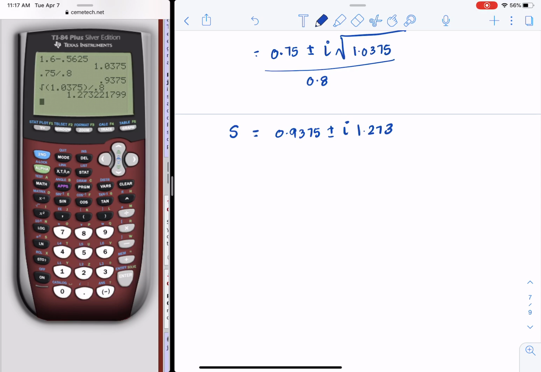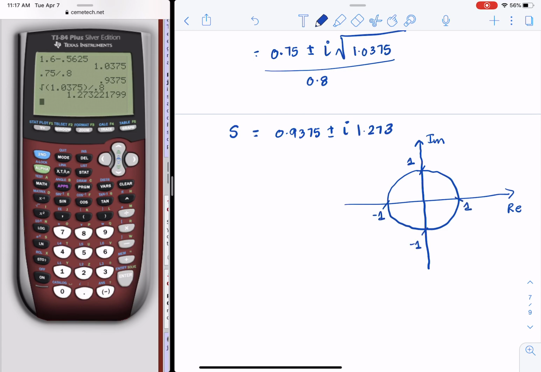So we look at the unit circle in the complex plane. It's the real part, the imaginary part. So that would be positive 1, negative 1, 1, and negative 1.